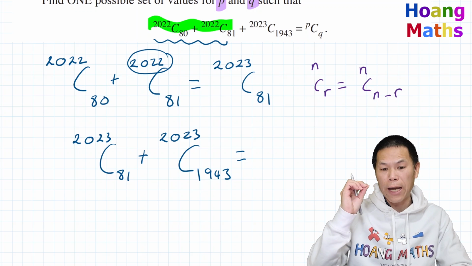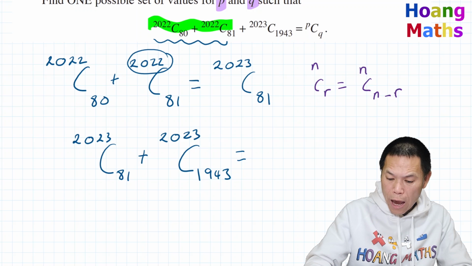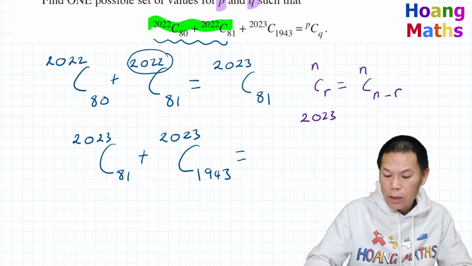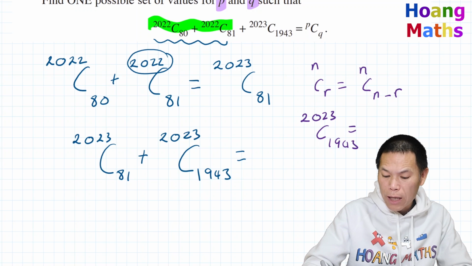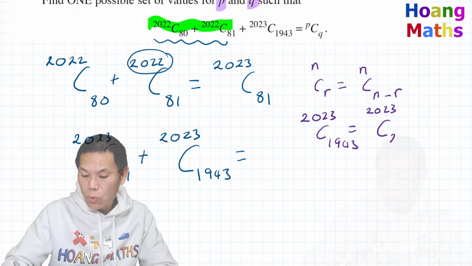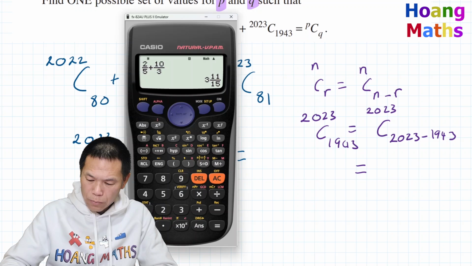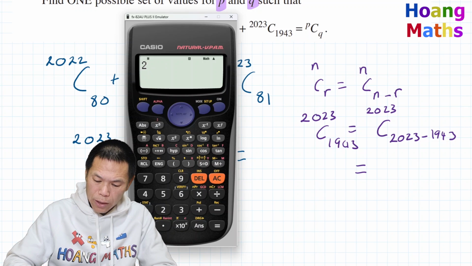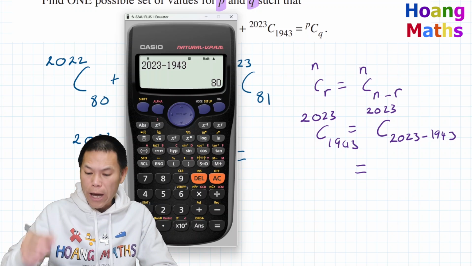Okay, these are the facts. So therefore we have 2023C1943. So that will give us 2023C(2023 minus 1943). So I just go 2023 minus 1943. So there you go, 80.